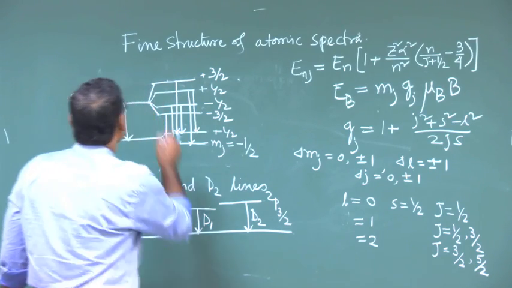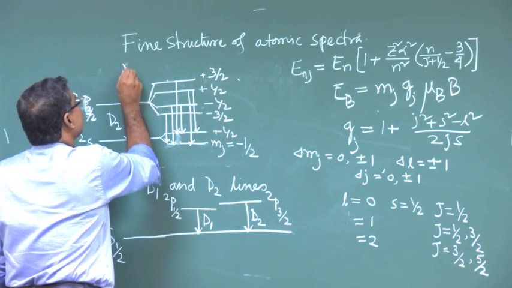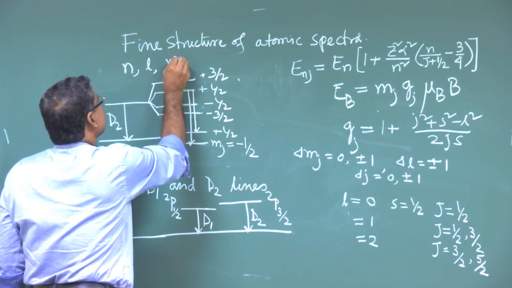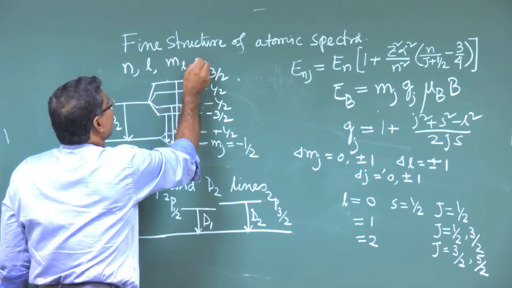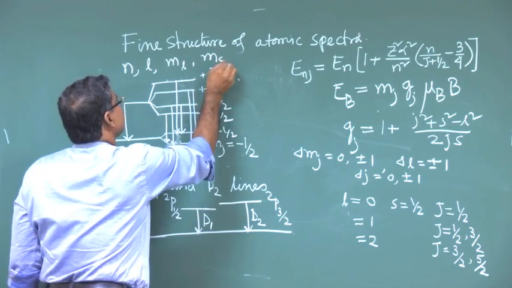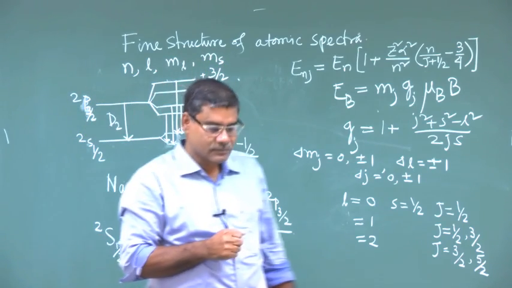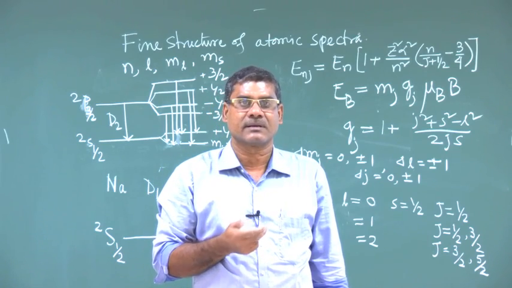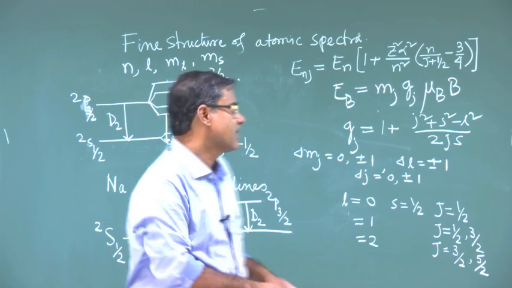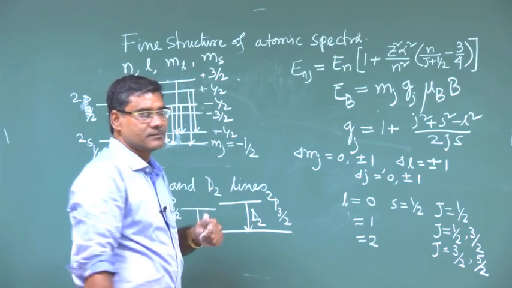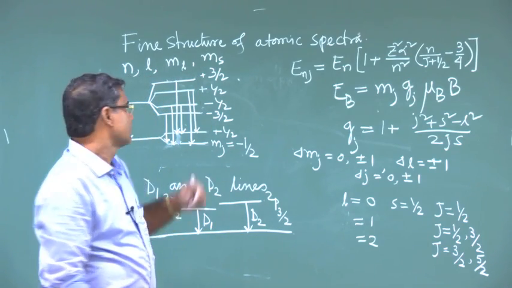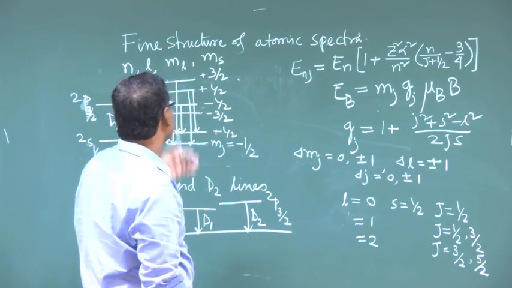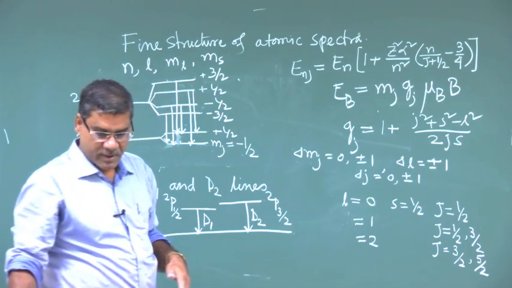So, the quantum numbers we have got for a single electron are N and then L and then ML and MS. Okay. So, if we do not consider the LS coupling, then these 4 quantum numbers are sufficient to explain most of the properties.